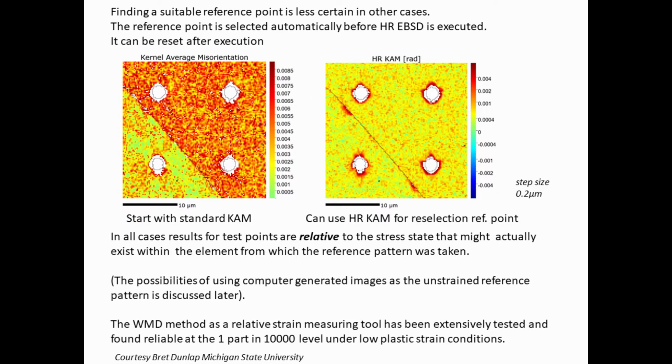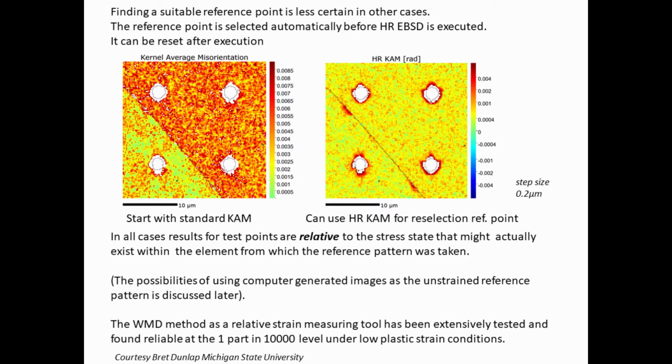This is an ordinary kernel average map, and in practice what we do is we look for the point in that grain that has the lowest CAM value. That means surrounding that pixel or that element in the grain, there is very little distortion, because otherwise you'd see it as a rotation.